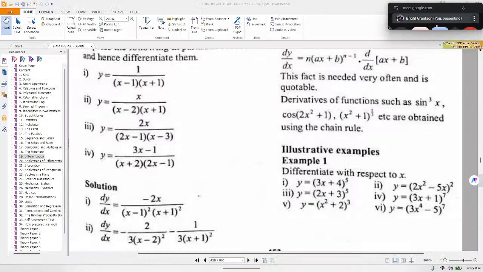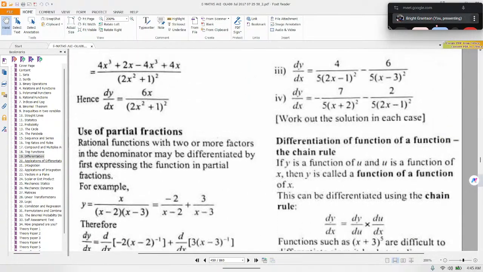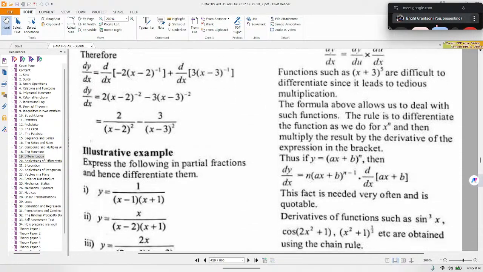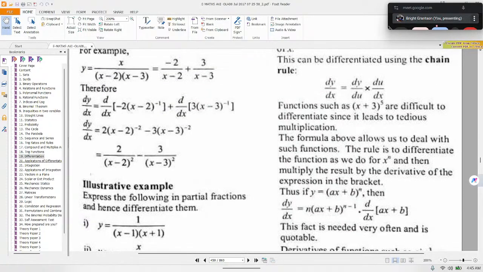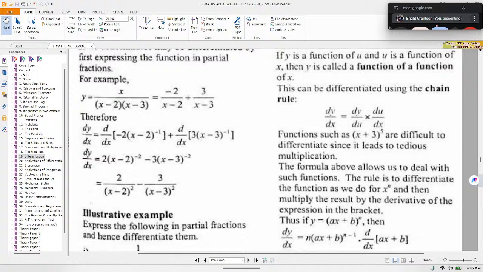Let's check the solution again. We just wrote the answers. Let's look at the example. They brought the negative 2 upwards. They differentiated them step by step. Okay, I think you made a mistake somewhere.